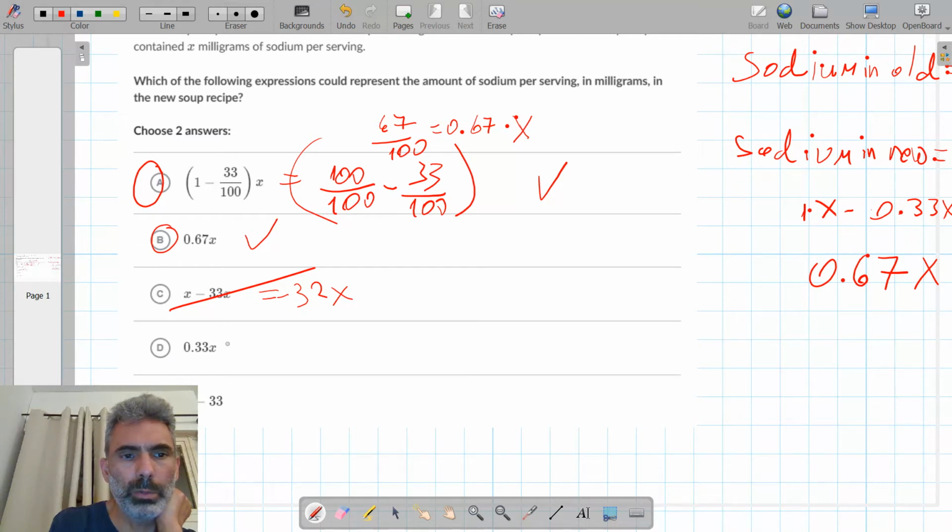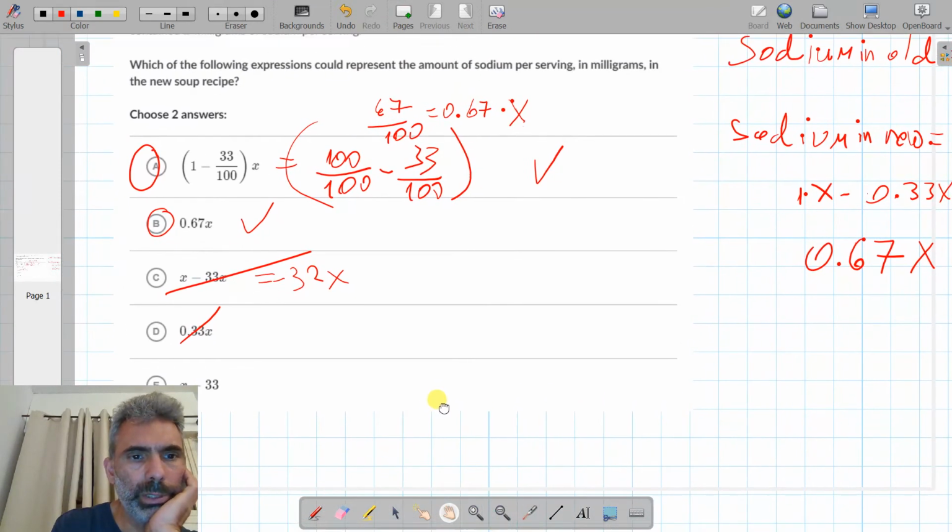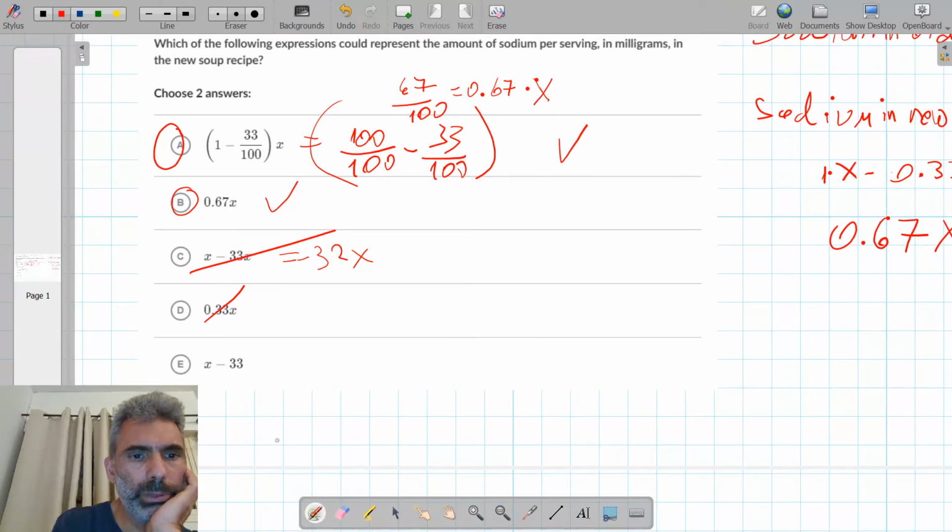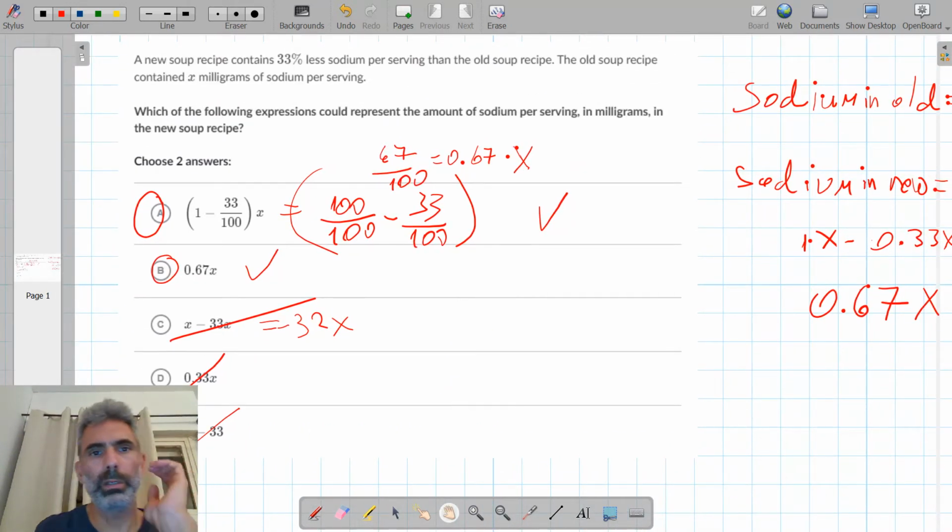This is the amount of sodium that is less in the new serving, in comparison to the old serving. So this is not correct. x minus 33 is incorrect because we are not subtracting 33, we are subtracting 0.33% of x. So A and B are correct.